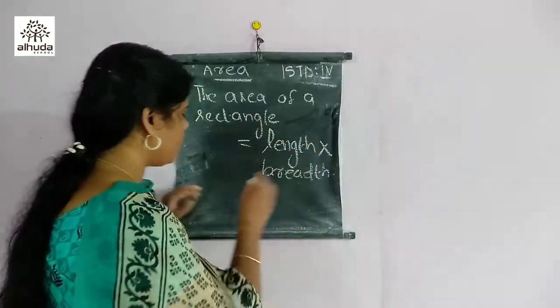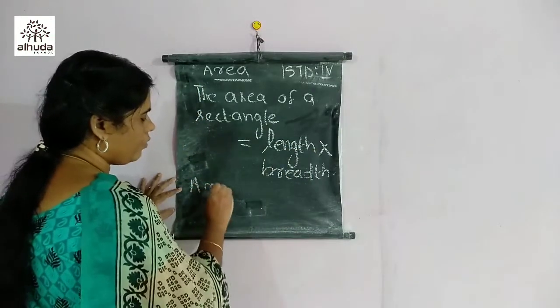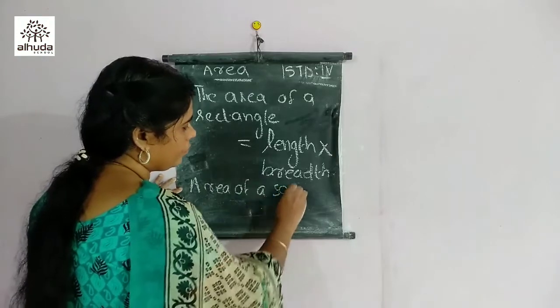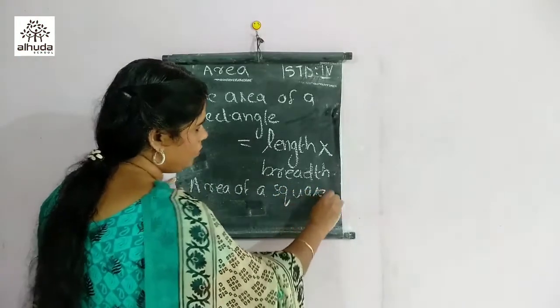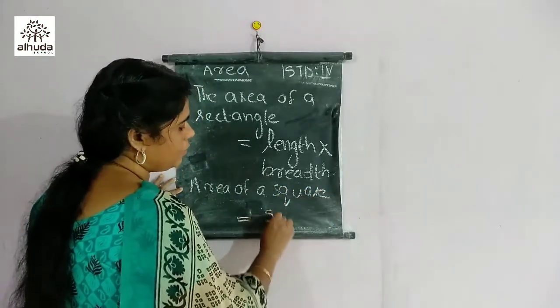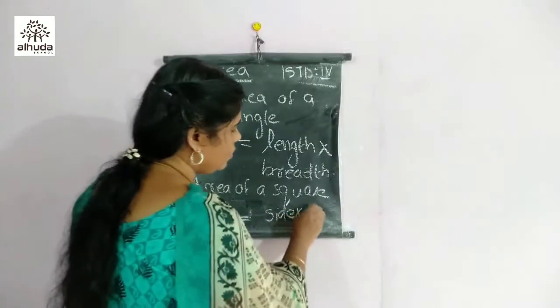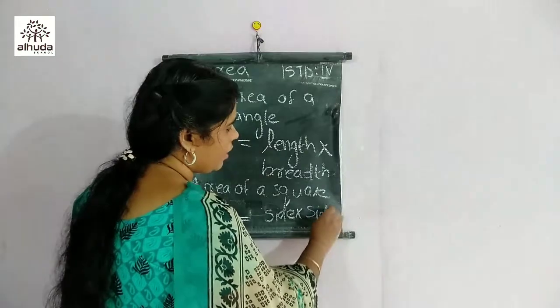Then what is the area of a square? Area of a square is equal to side into side, because all sides of a square are equal. So side into side is the area of a square.